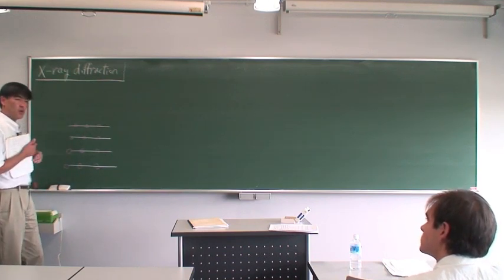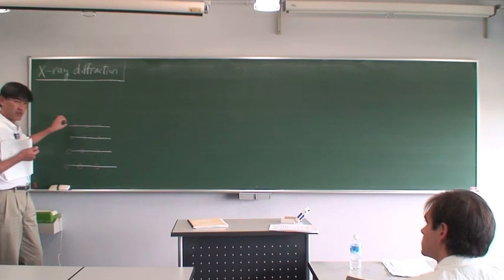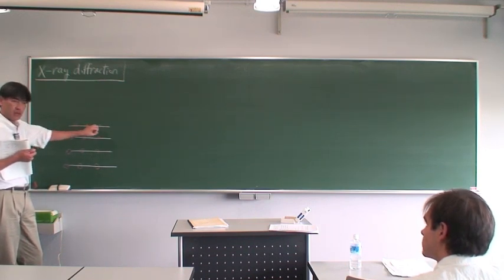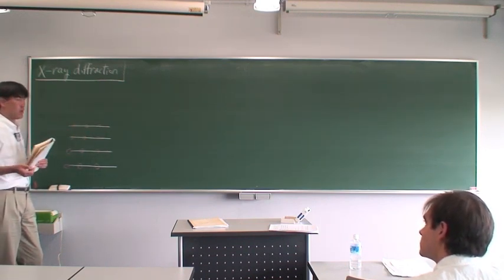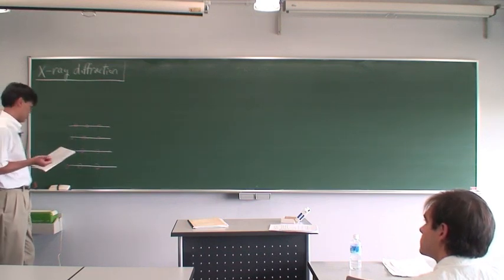So physically there's no plane, but we can define a plane, right? Physically there's no plane. There are only atoms, not planes. But we can define planes as we learned in the previous courses.